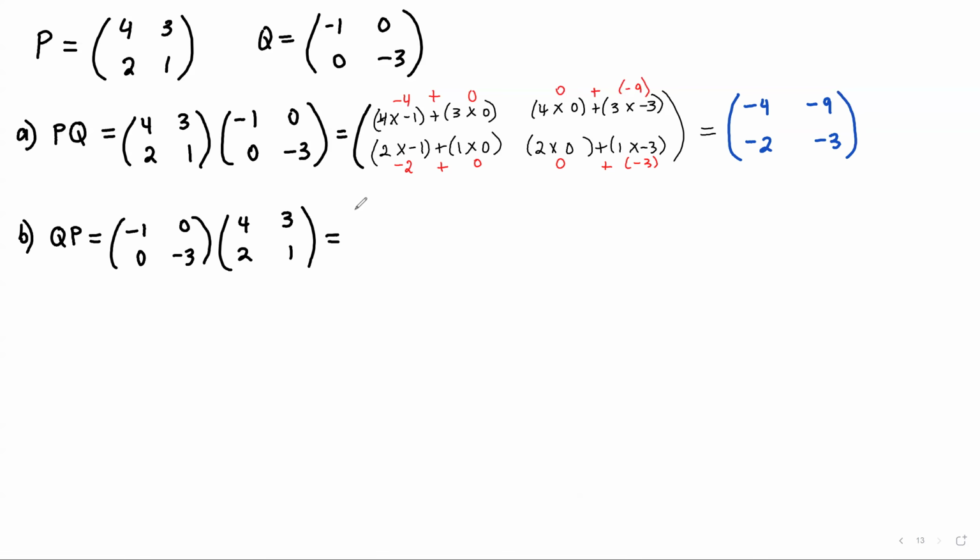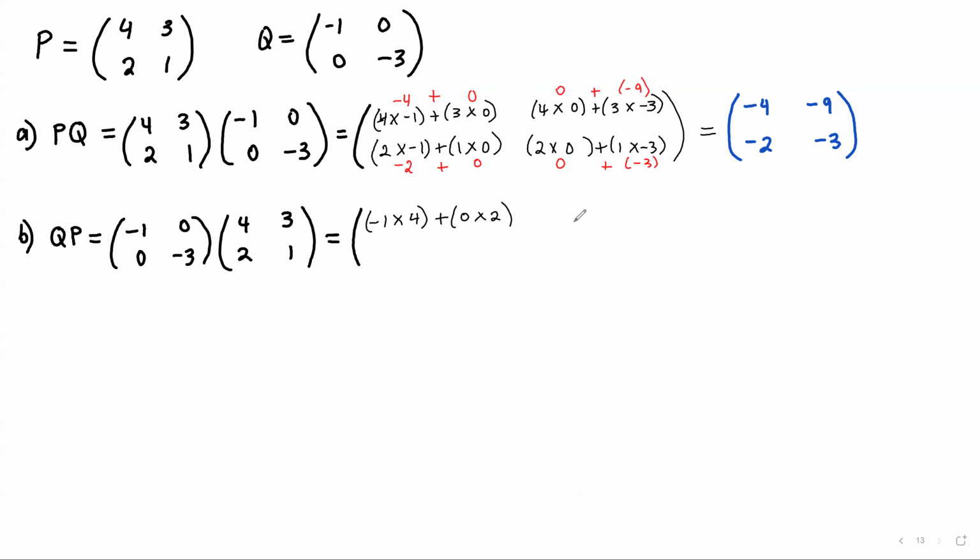This is equal to, well, your first row 1, column 1, your row 1 values are -1 and 0. So it'll be -1 times 4 plus 0 times 2. Row 1 by column 1.